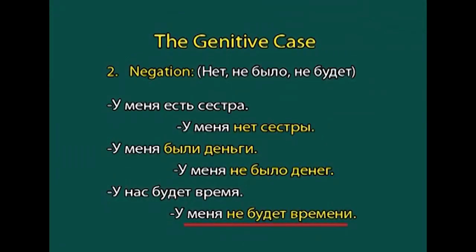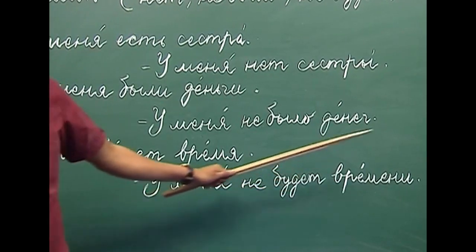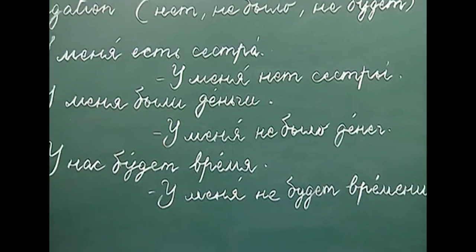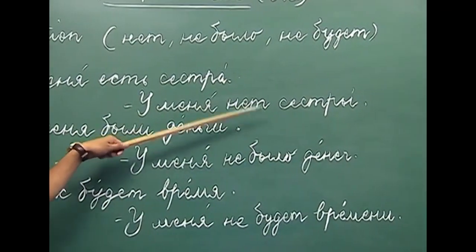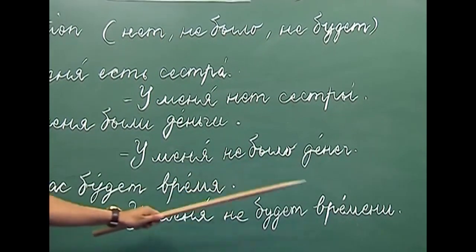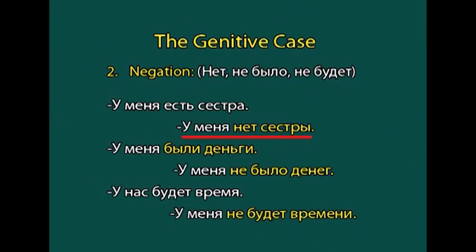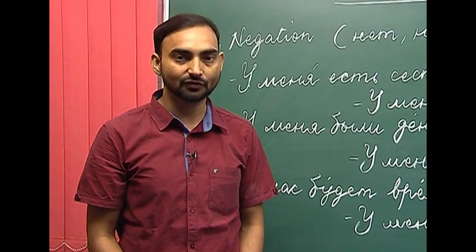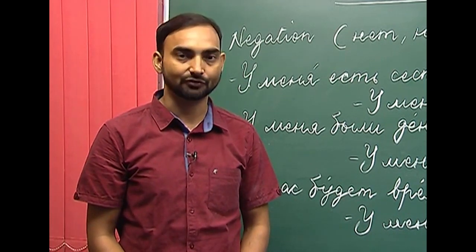У меня не будет времени. So, I will not have time. So, as you can see, with нет in the present tense, with не было in the past tense, and with не будет in the future tense, we use the genitive case of nouns to show negation. So, this was the second use of the genitive case of nouns.